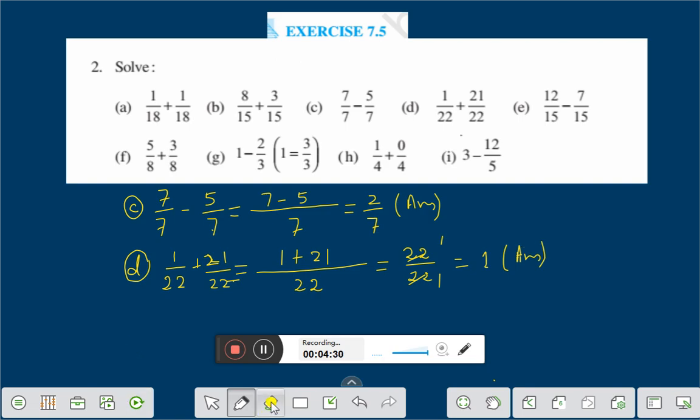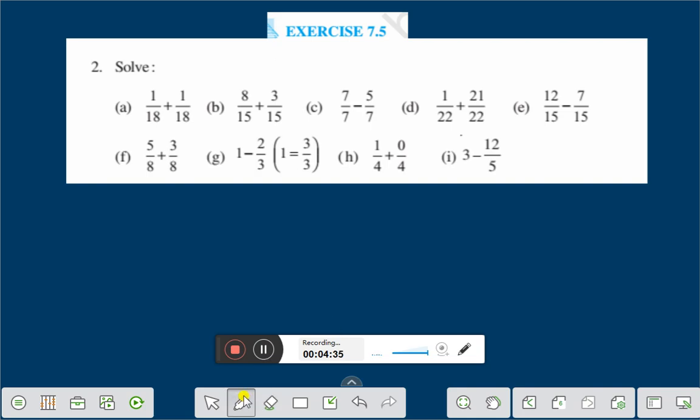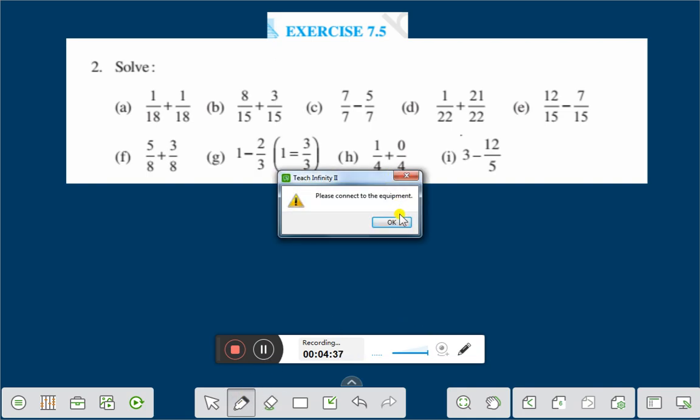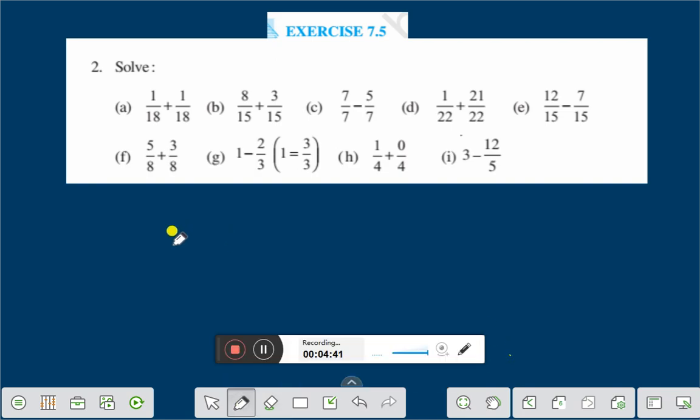Now we'll solve question number E. Question number E is 12 by 15 minus 7 by 15.